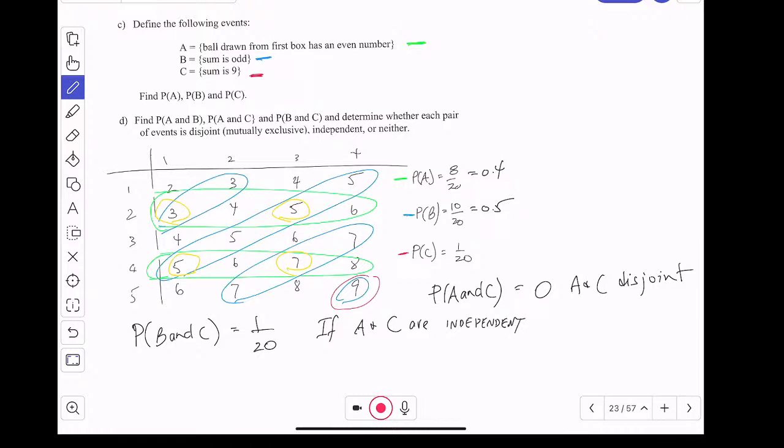If B and C are independent, then the probability of B and C must equal the probability of B times the probability of C.